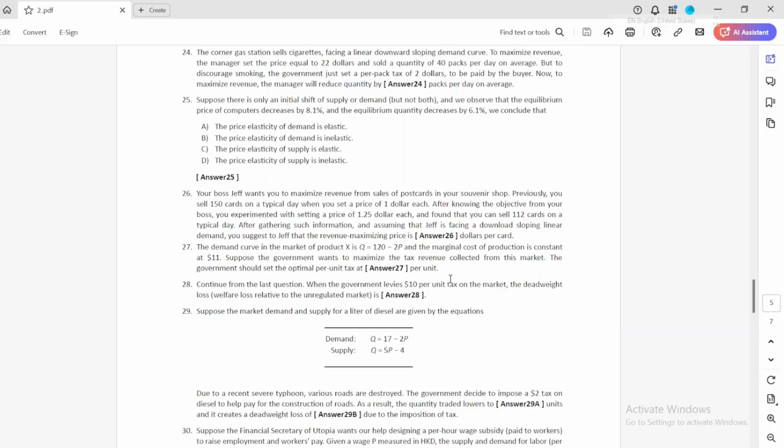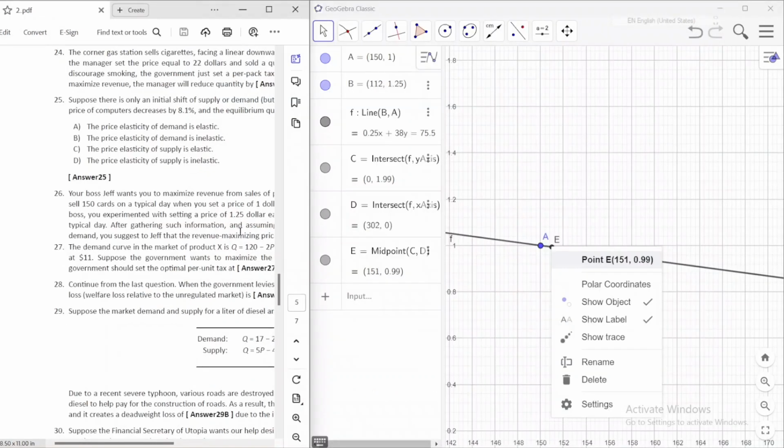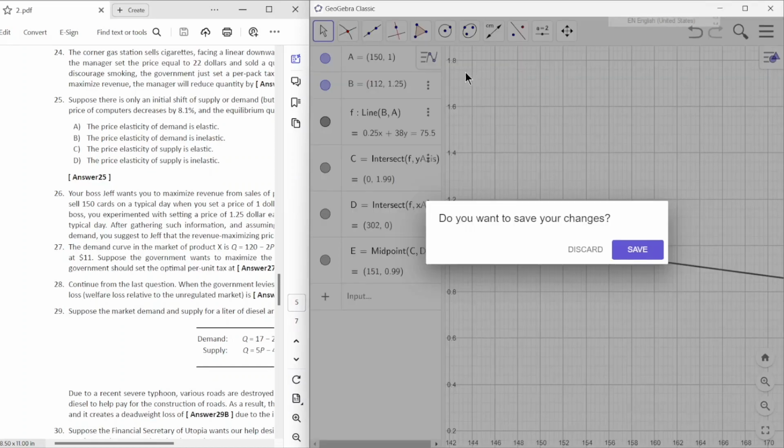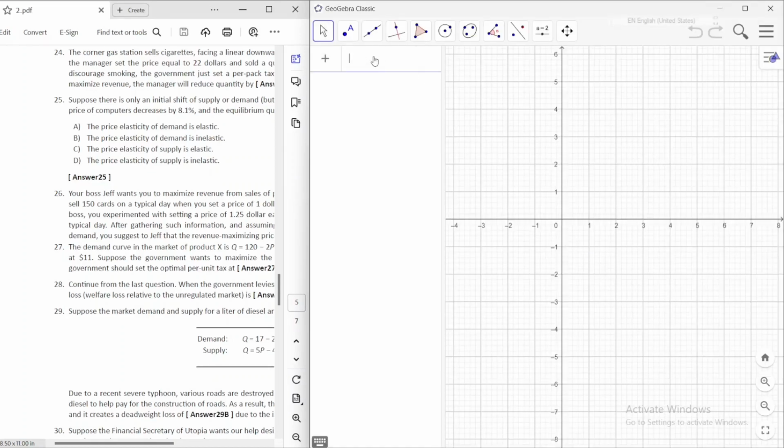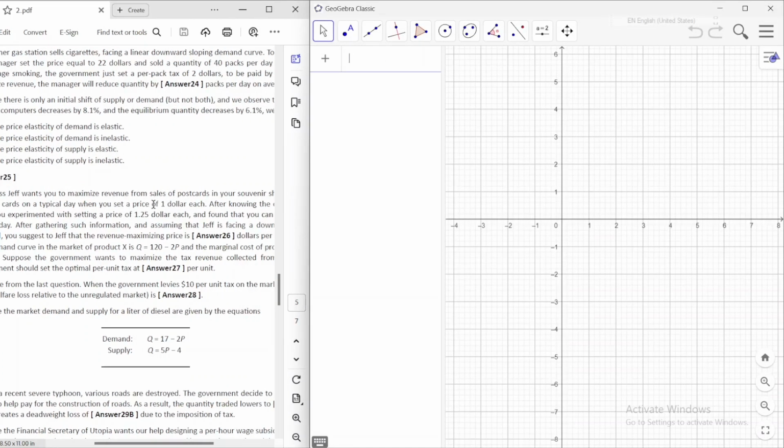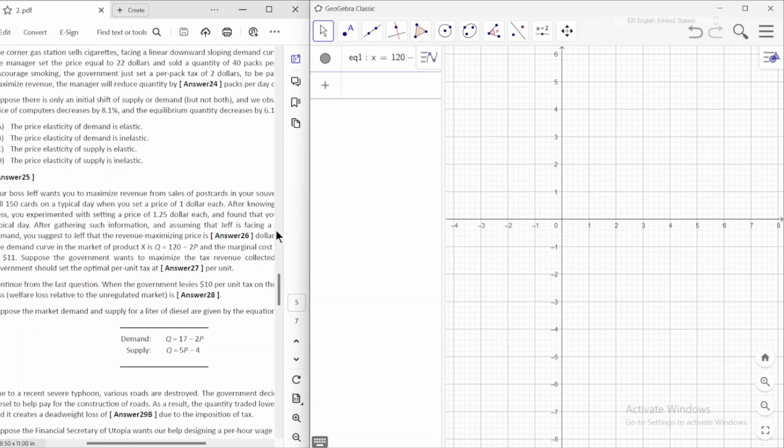So let's do it. The demand curve is x equals 120 minus 2y, and marginal cost is $11. So y equals 11.